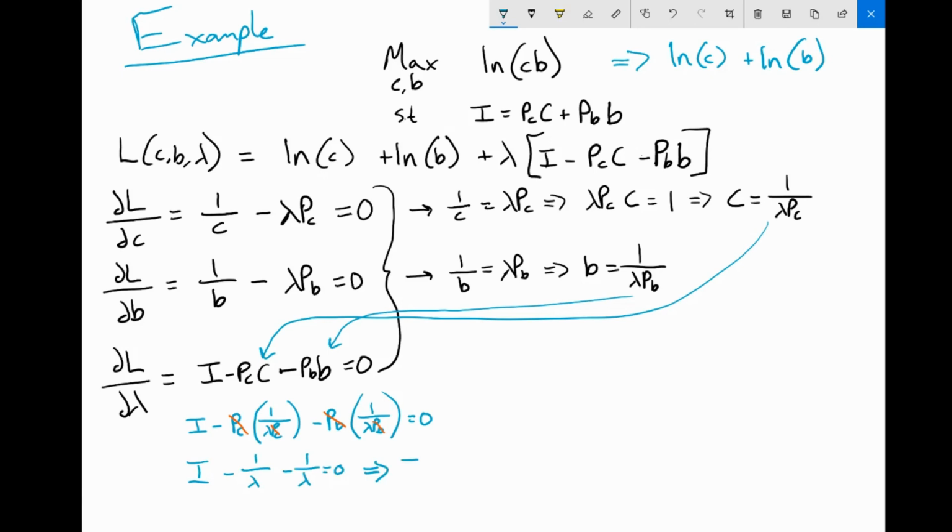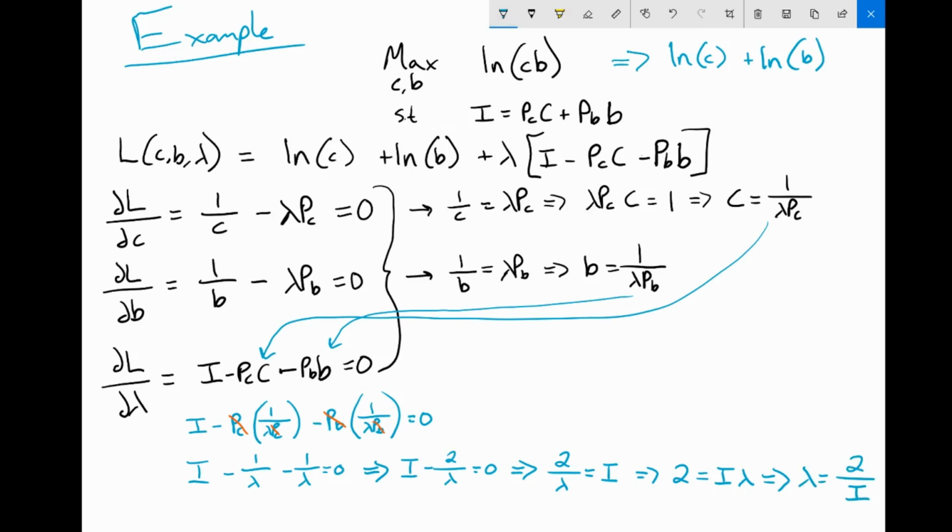Simplify this: I minus 2 over lambda equals 0. Let's solve this for lambda. Take I to the other side and then cancel out the negatives. So 2 over lambda equals I. Multiply both sides by lambda, so 2 equals I lambda. Divide both sides by I, and we get lambda equals 2 over I.